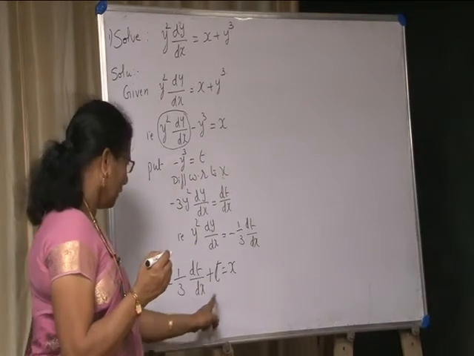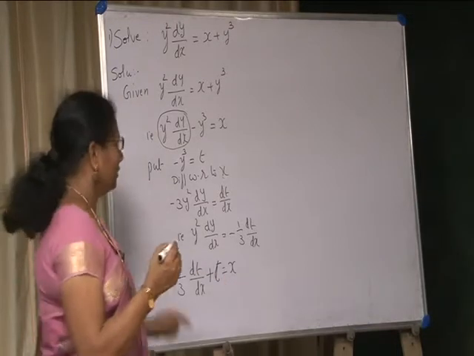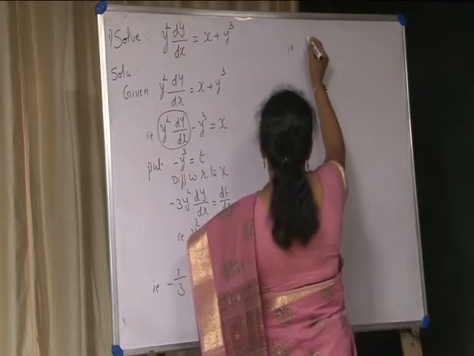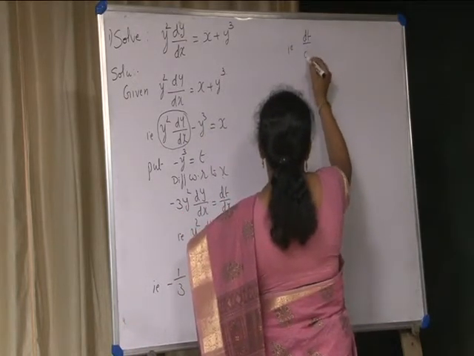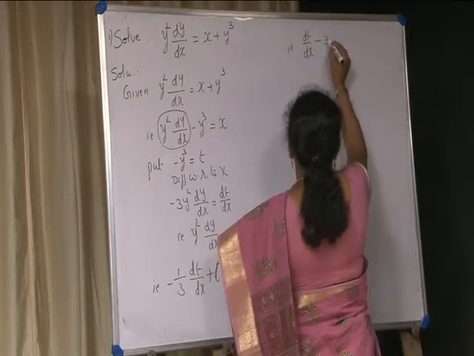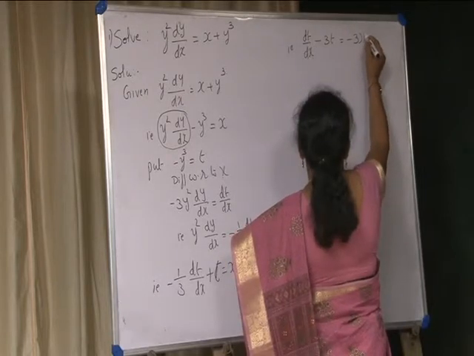See, this is a linear equation in t. That can be written as dt by dx minus 3t is equal to minus 3x.